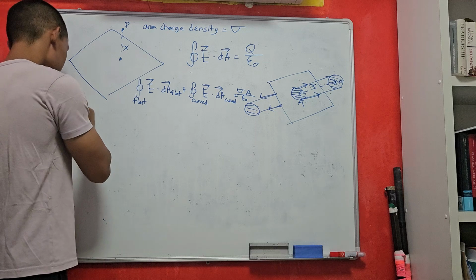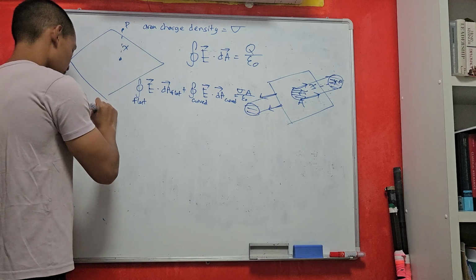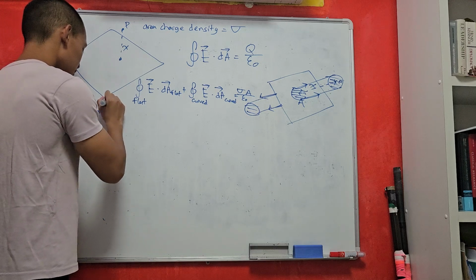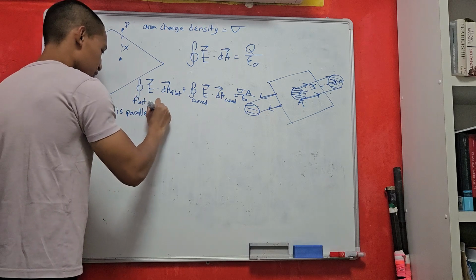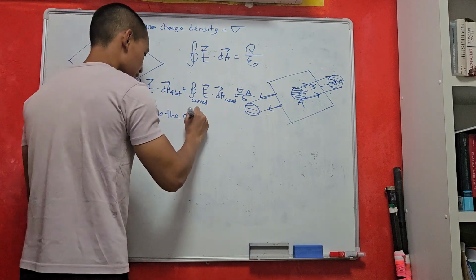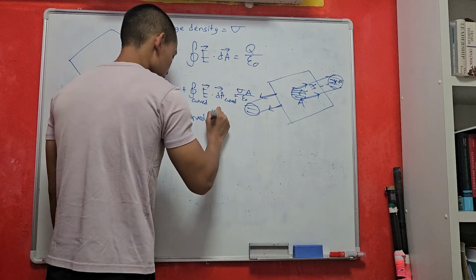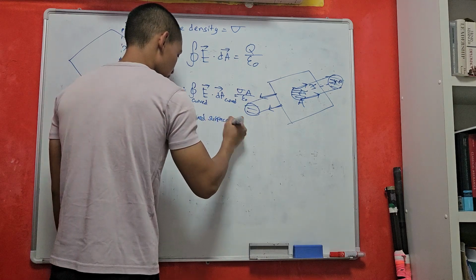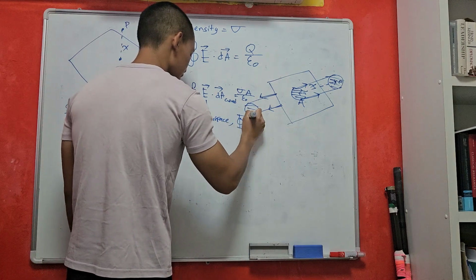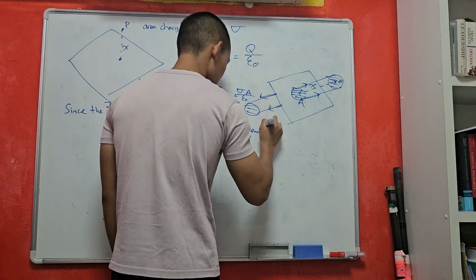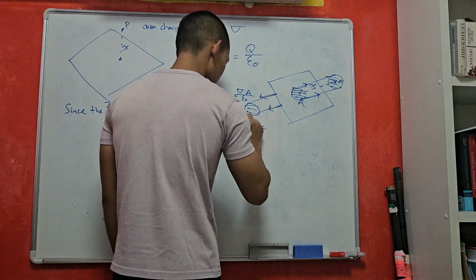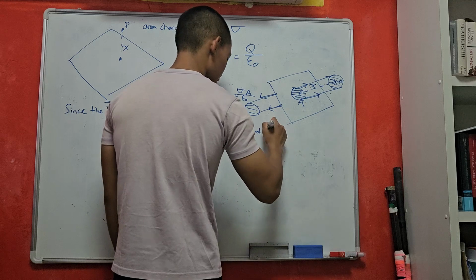So we can write down, since the electric field is parallel to the curved surface, then the electric flux due to the curved surface will be equal to 0.